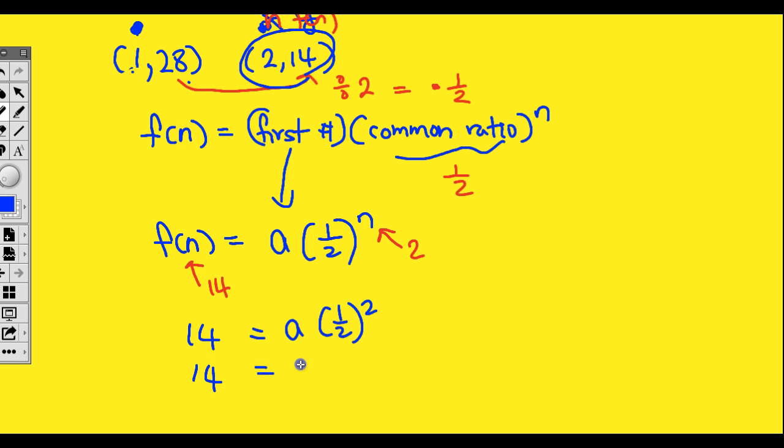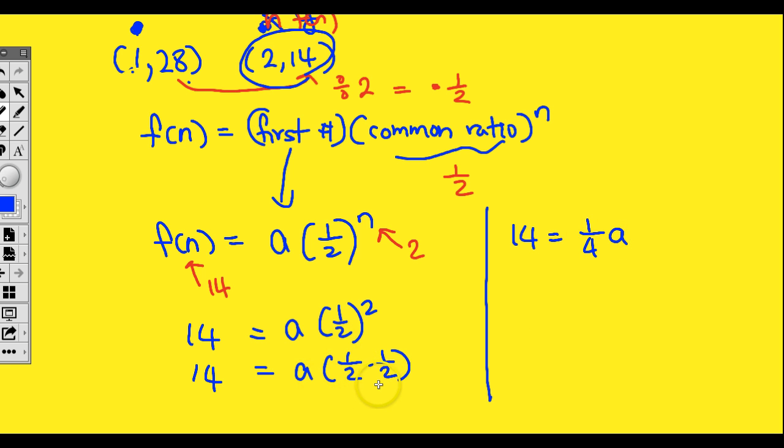So 14 is equal to a times 1 over 2 times 1 over 2, which is 1 over 4, right? So 14 is equal to 1 over 4a. Because look, it's a times 1 over 4, which is the same as a over 4, right? If I want to find out what a is equal to, what do I have to do to both sides?